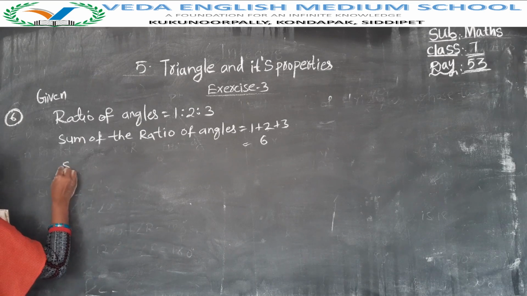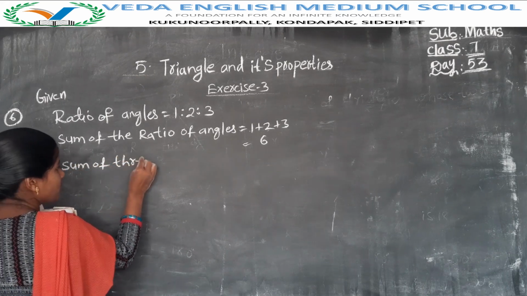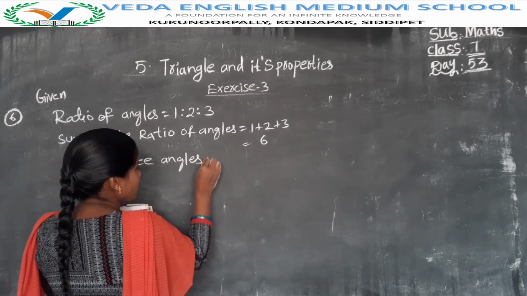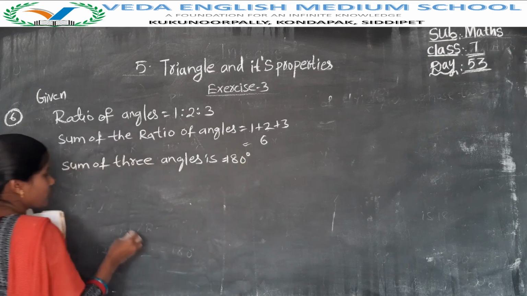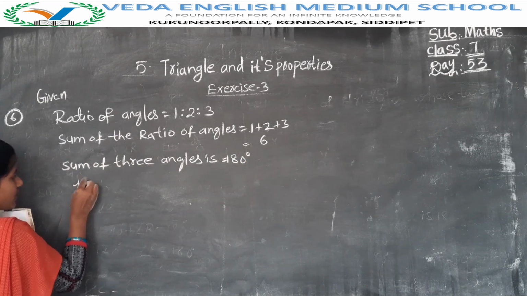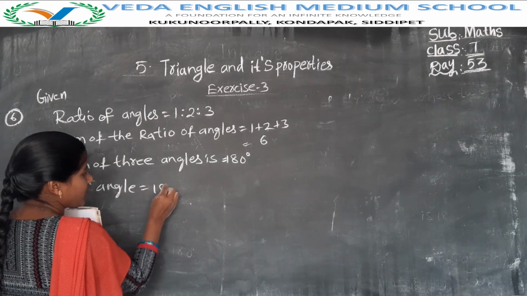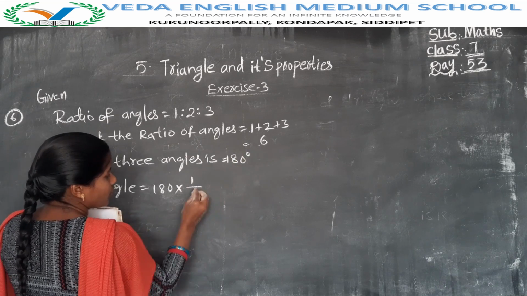Before that, the triangle sum property: the sum of three angles is equal to 180 degrees. So the first angle is equal to 180 into the first ratio 1 by the sum of the ratio, 6.